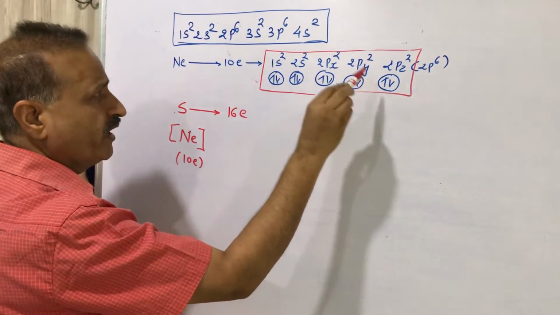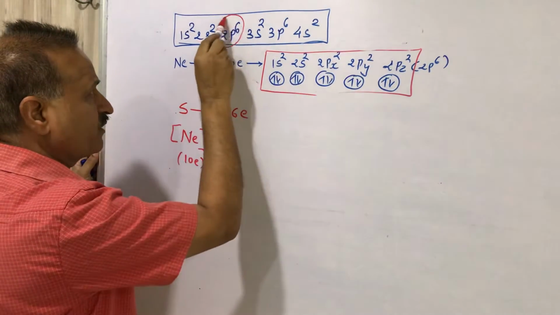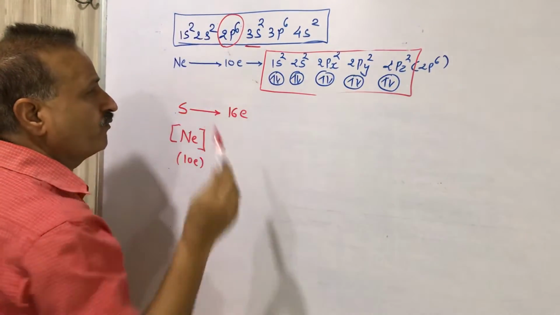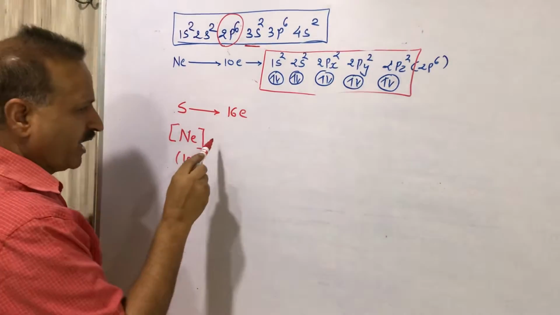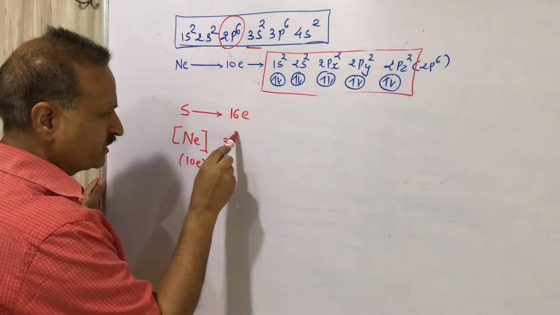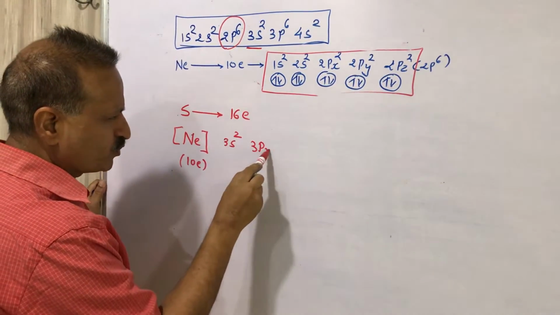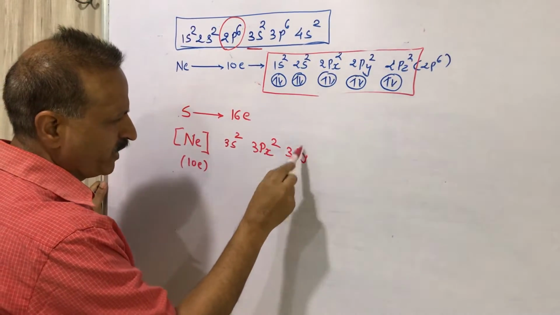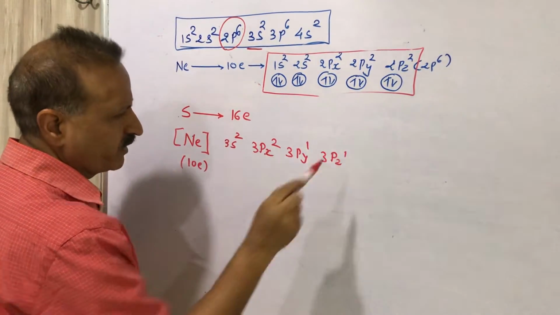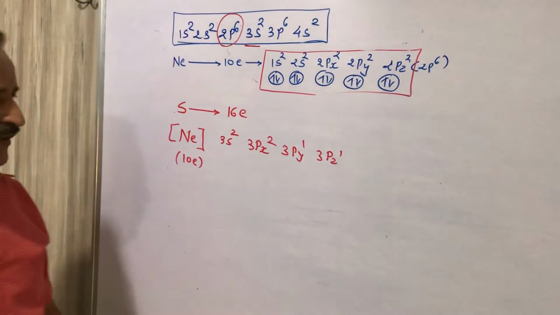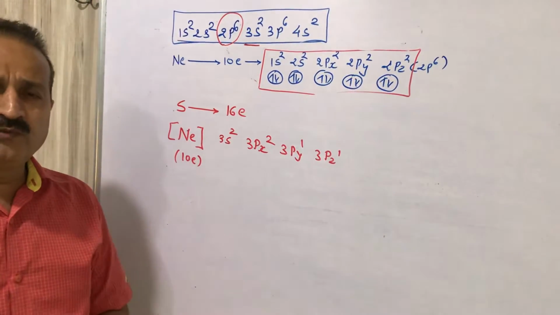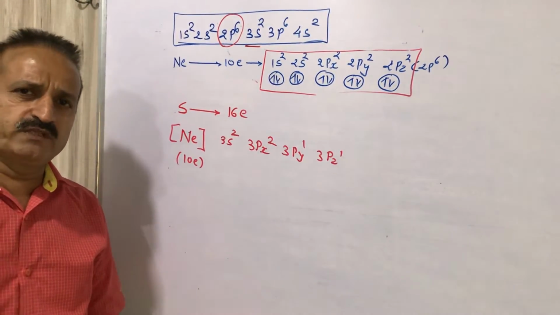Now the turn will come for 3s2, and now 3px2, 3py1 and 3pz1. Phosphorus has a half-filled electronic configuration, 3px1, 3py1, 3pz1.